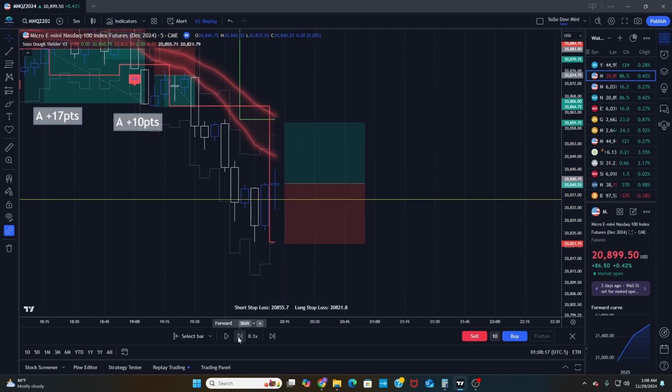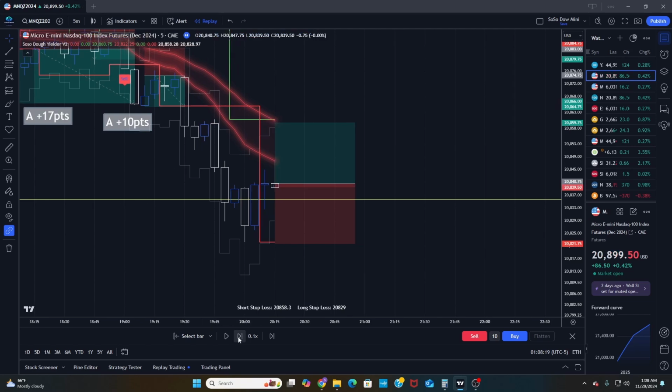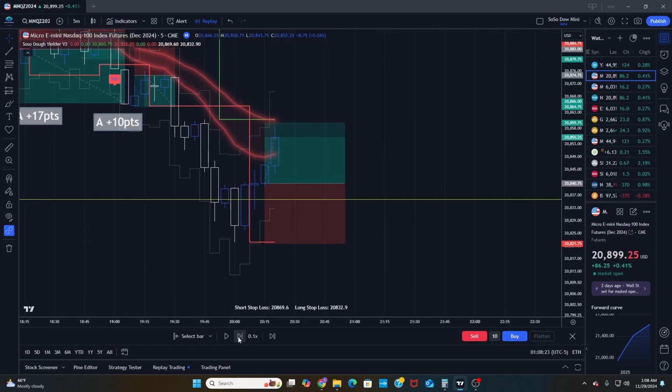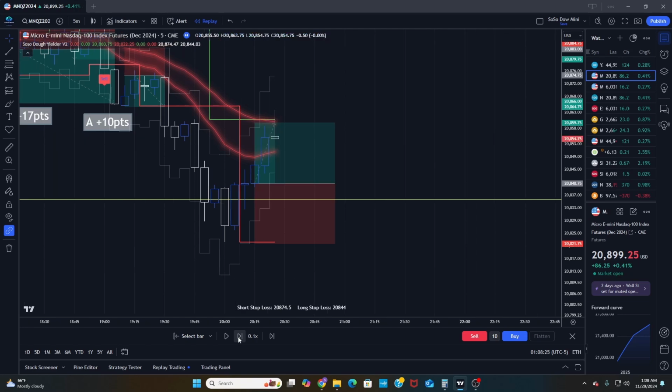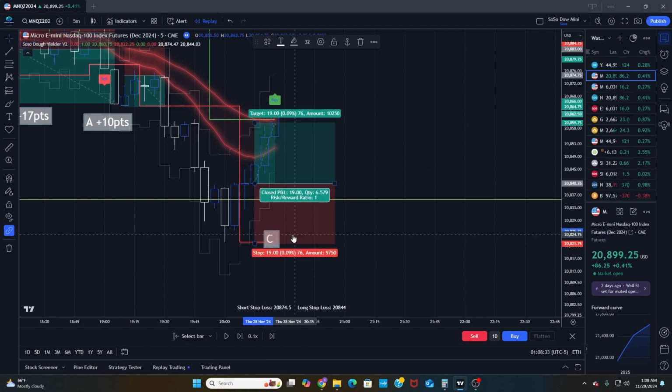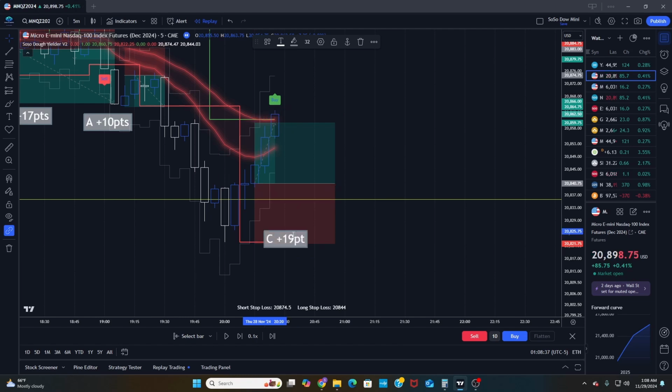Let's progress the candles. All right, so we got entered there. And there we go. So that's actually a C trade. So we've got an example for all the different types of trades here. That's C plus 19 points.